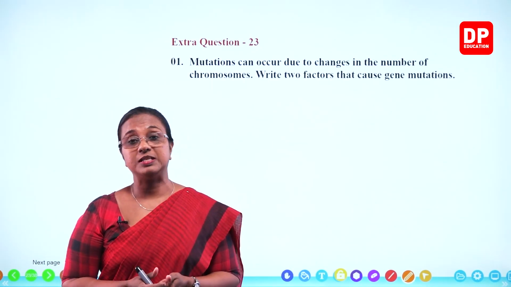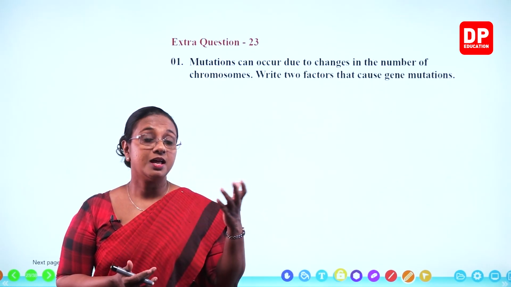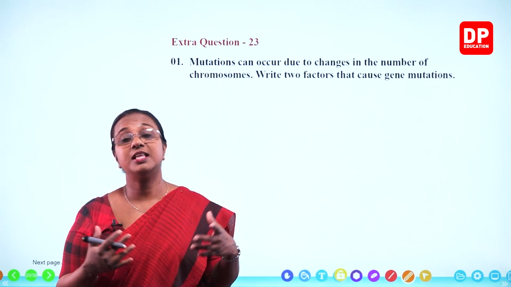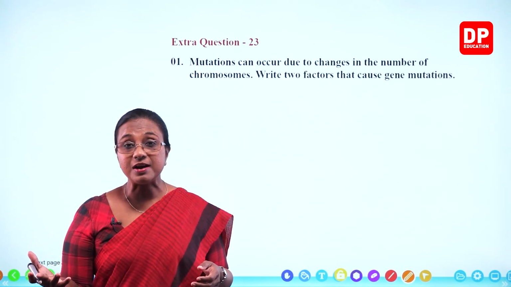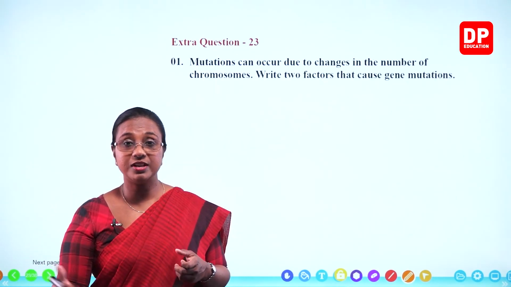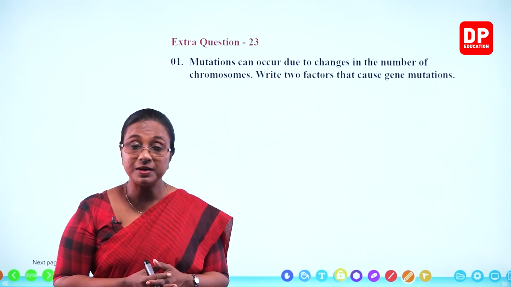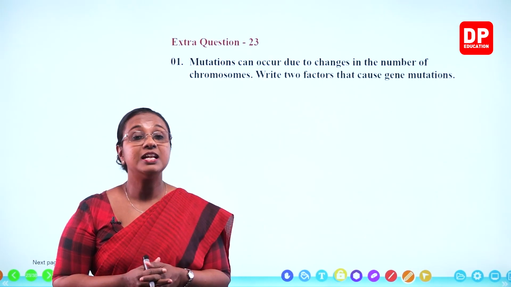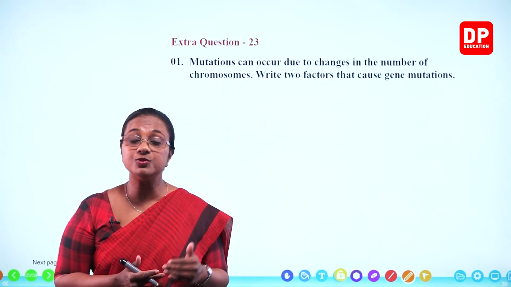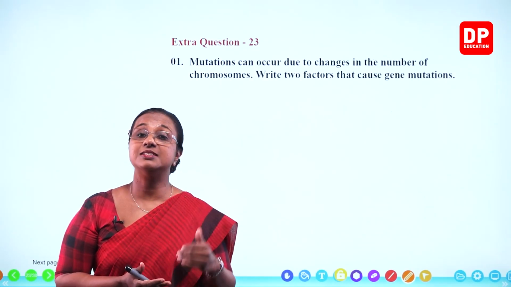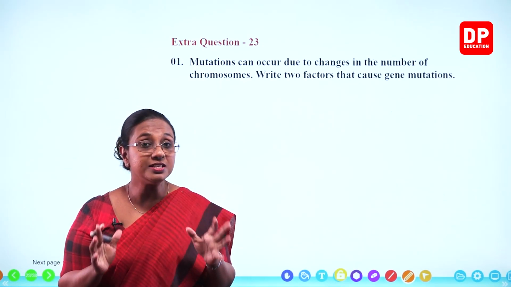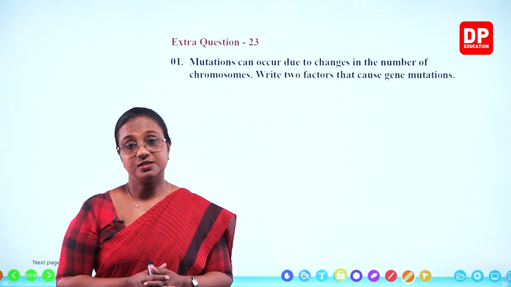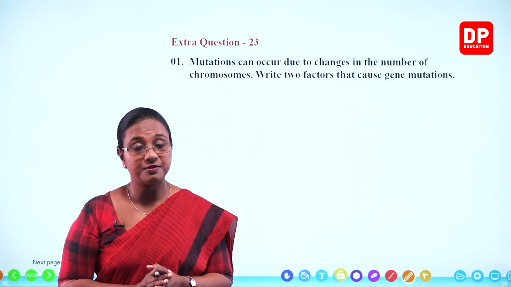Then in the hospitals, you would have seen in some places they have a radiology department where they take X-rays, gamma rays for different purposes, for treatment or photographic purposes to diagnose diseases. They have all these different techniques where they use high energy radiations. Now these radiations also can cause mutations. So you have to be careful.